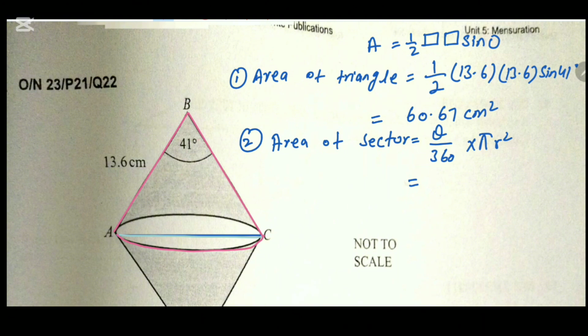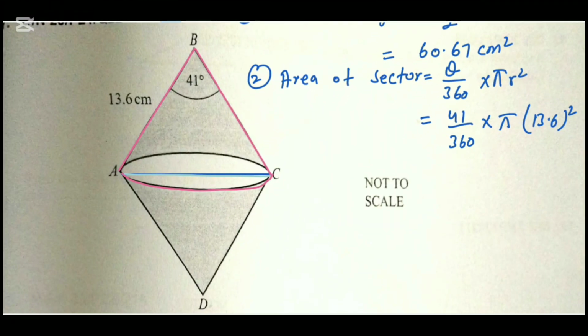So it will be 41 over 360 into pi, and r is 13.6 whole square. So the answer is 66.2 centimeter square.